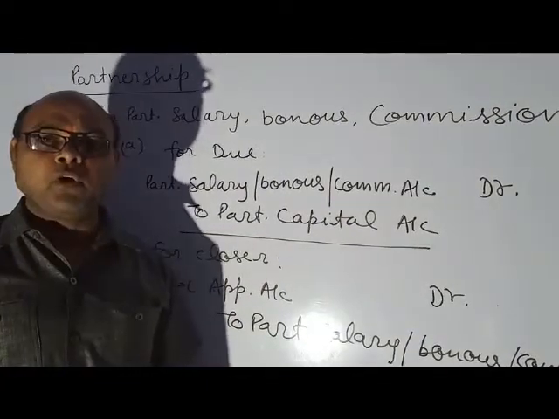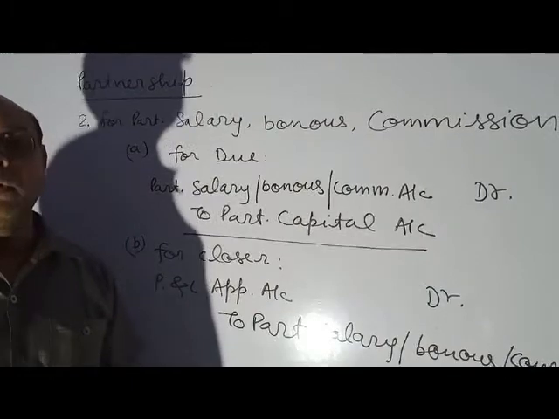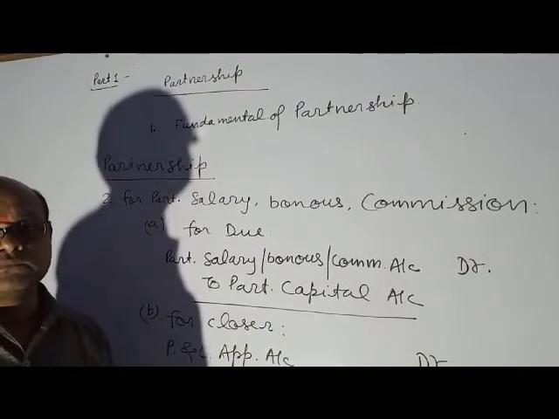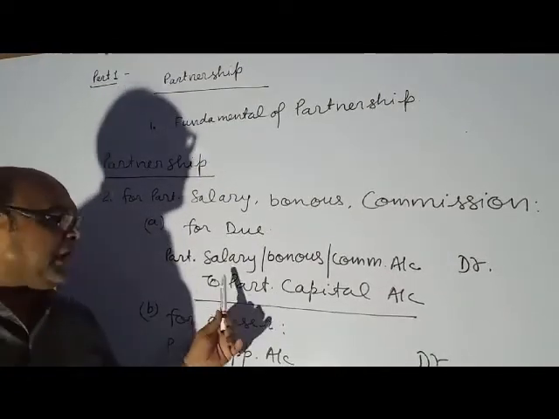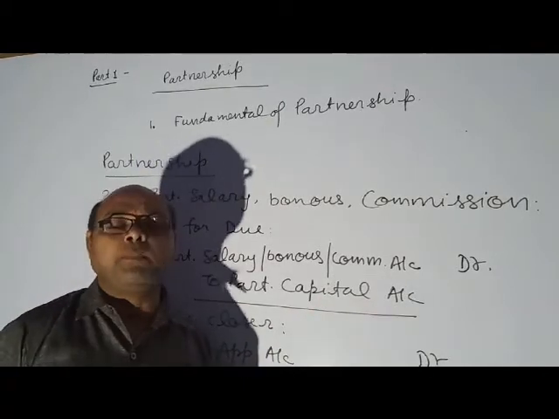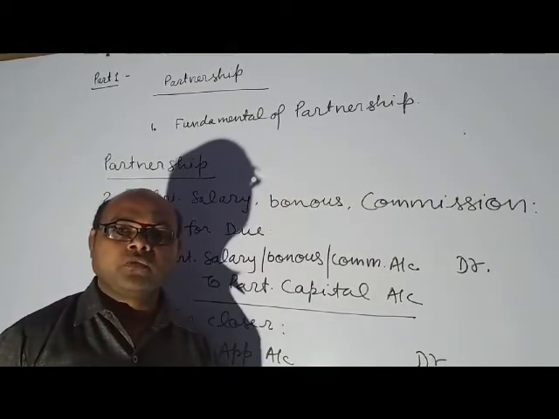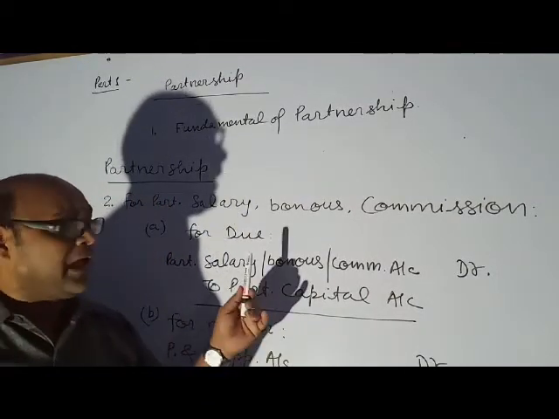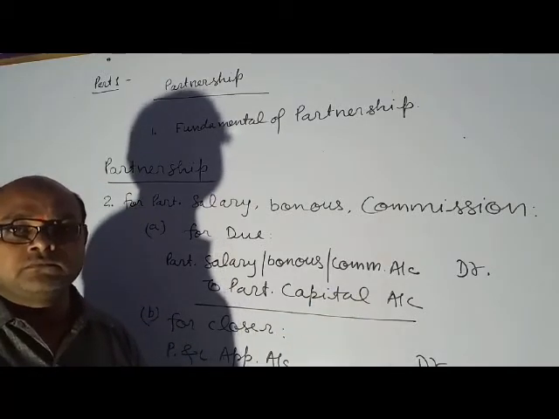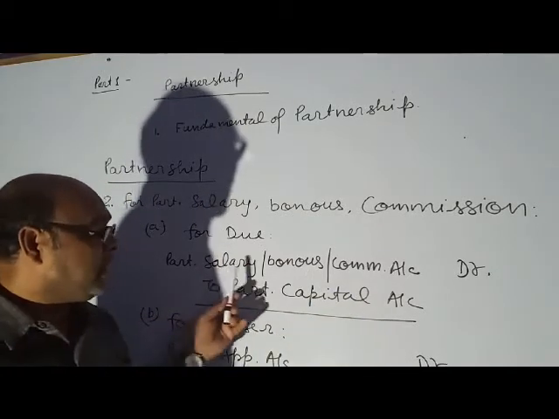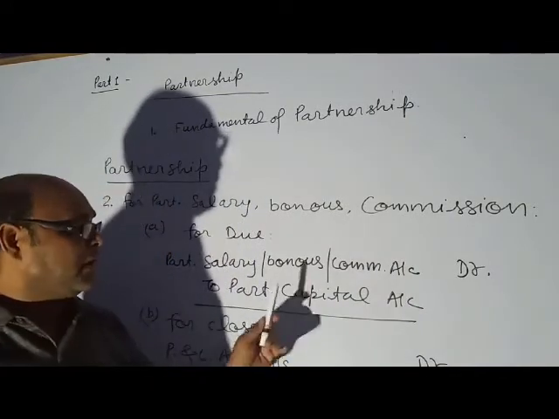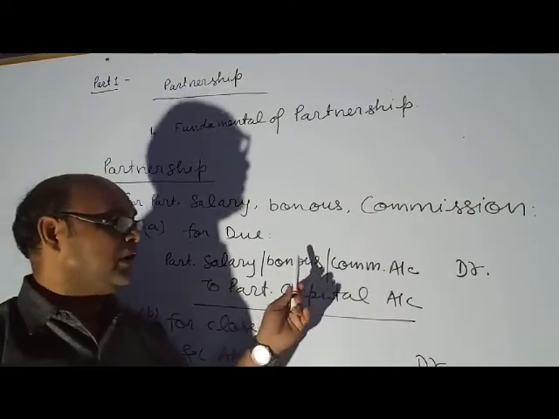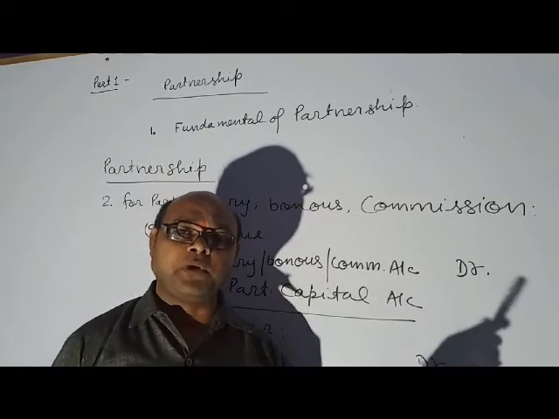This is also the same concept as we have seen for the interest on capital. The firm pays salary, bonus, commission to the partner. So salary, bonus, commission is considered an expense and it is debited, and this amount is not directly paid to the partner, but this amount is credited in their capital account.